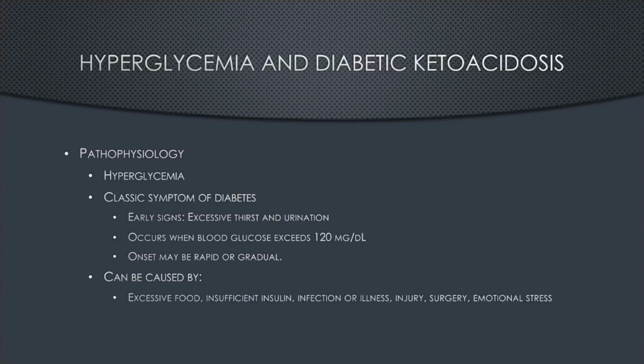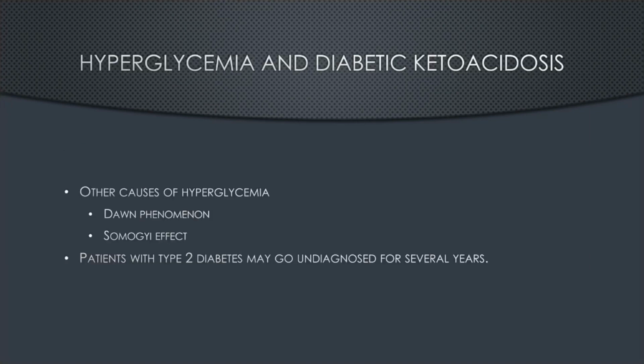Also, it could be due to just undiagnosed diabetes, your new onset diabetes that's gone unrecognized. The person could also have sundowners, or the dawn phenomenon, that occurs in the hours before waking. As the body prepares for a new day, it releases hormones such as cortisol and catecholamines, and then these hormones trigger a release of glucose from the liver, and this results in hyperglycemia.